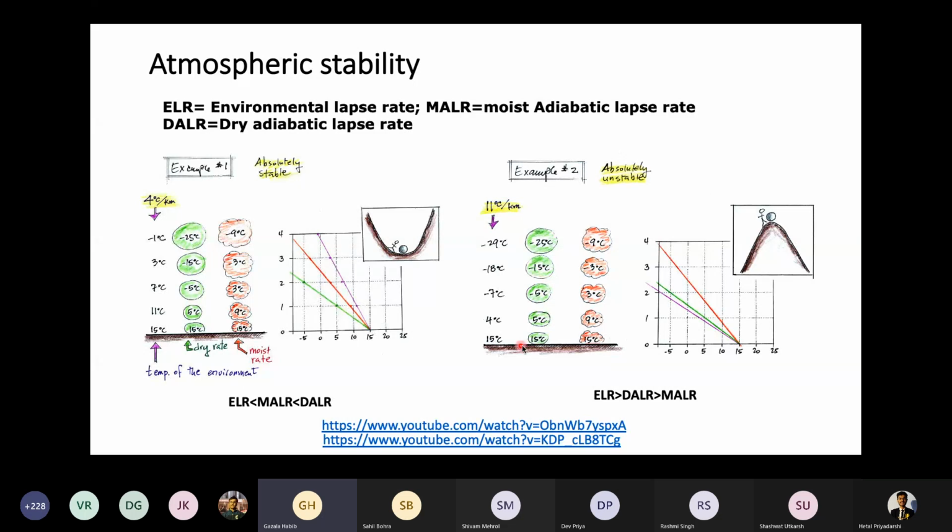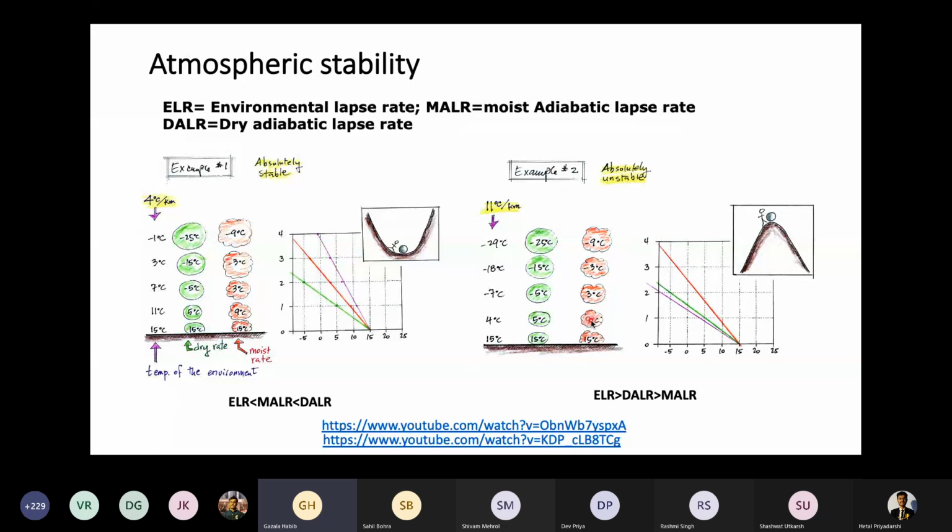The dry air parcel, which has a lapse rate of 10 degrees centigrade, will move up and its temperature will become 5 degrees centigrade, while the surrounding temperature is cooler than the air parcel. Therefore the air parcel would be lighter than the surrounding air, and it will move further up.